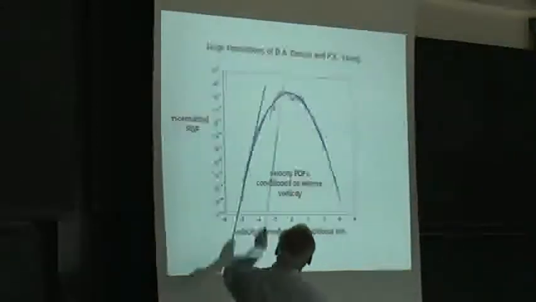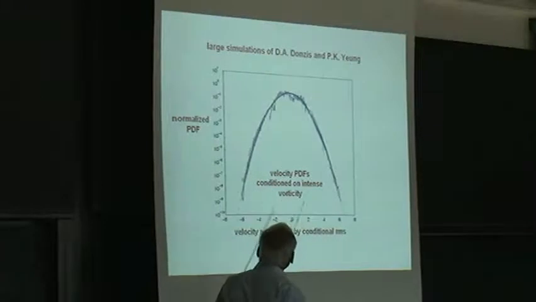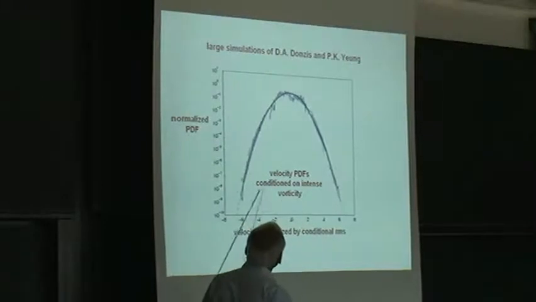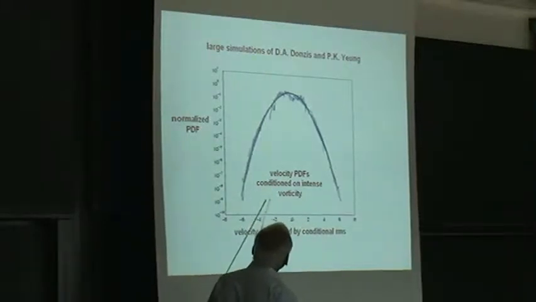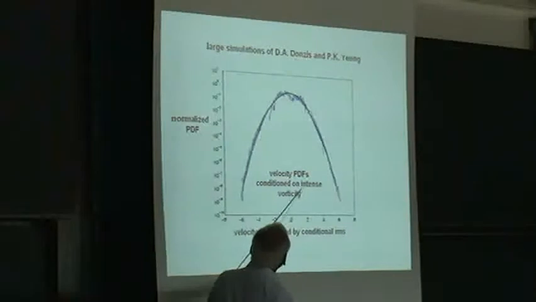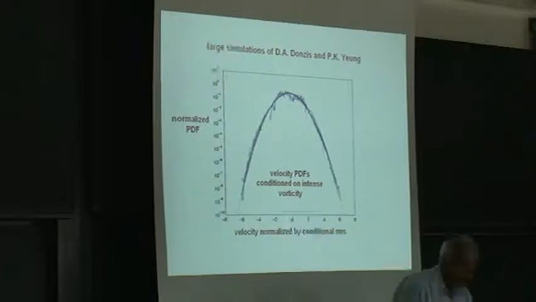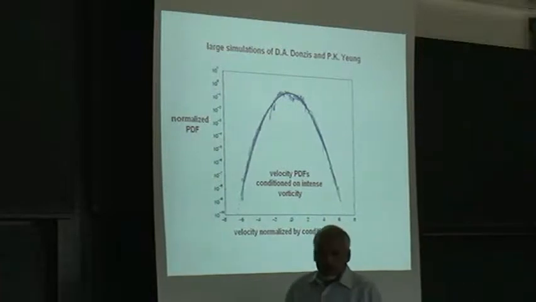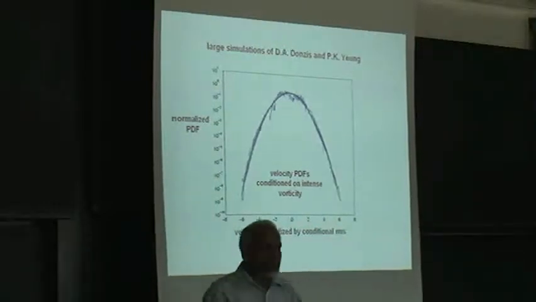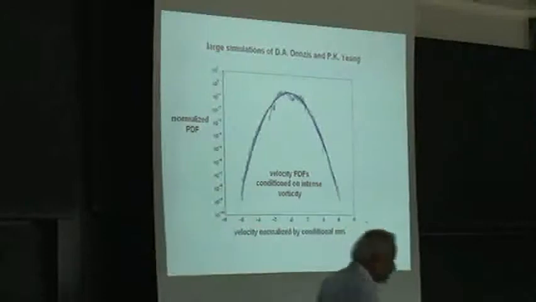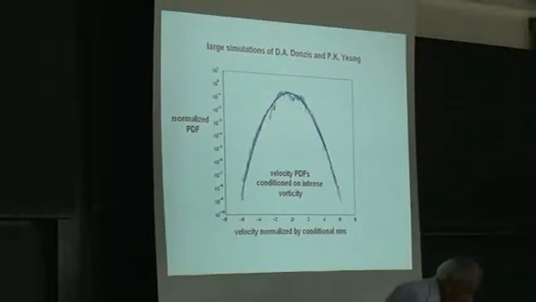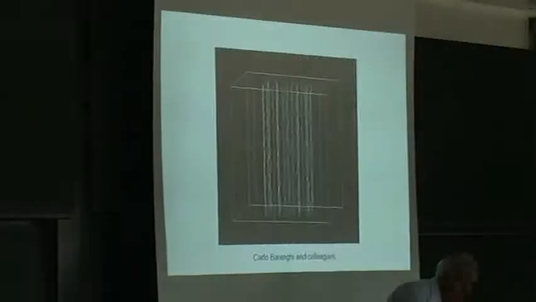This is from the simulations of Downs and Young. These are conditional velocities, conditional on the intensity of vorticities, and you always find them more or less Gaussian. So I'm not sure whether it implies that the reconnection, at least as it appears in this direct fashion, is of great consequence or not in classical turbulence.